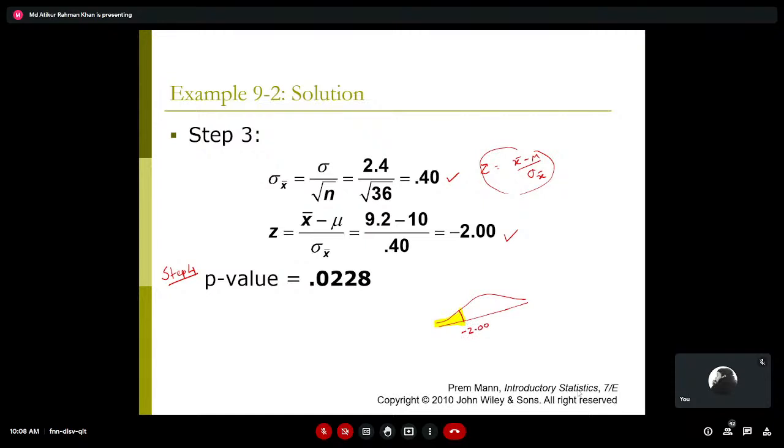So the p-value would be the probability of this area, less than minus 2.00, right? Any value to the left side of this bar is less than minus 2.00. So this is now Z less than minus 2.00. You can use the statistical table to calculate that probability.